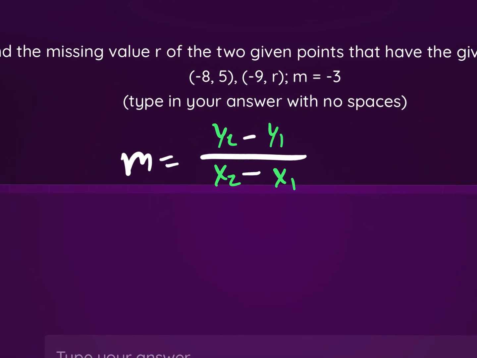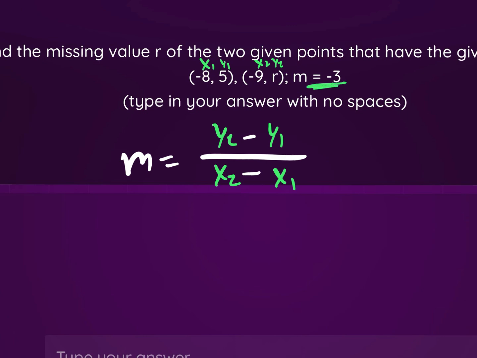Like in any other question in math, you want to plug in the information they give you to find out the information that you don't know. So what do they give us? They give us the x1, y1. They give us the x2, y2, but we're going to have to plug in an r instead of an actual number for y2. And they also give us, obviously, the m value, okay?